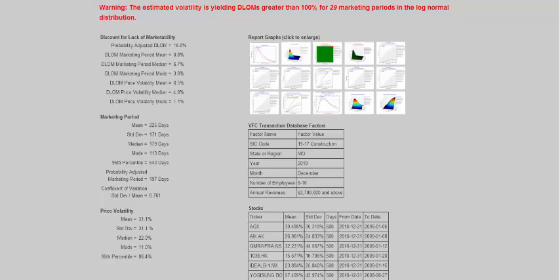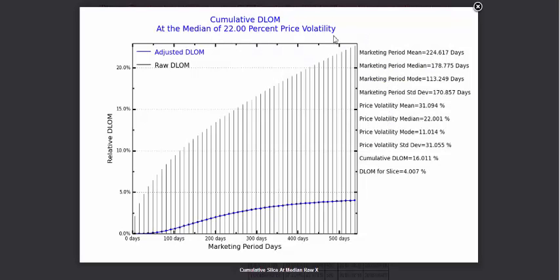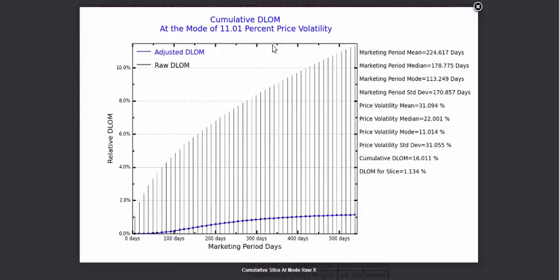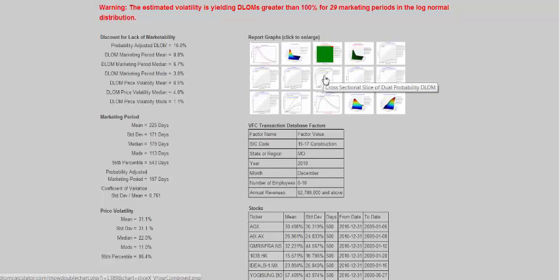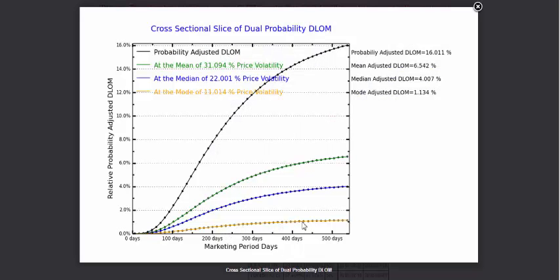The VFC DLOM calculator provides a similar graph measured at the median of price volatility and at the mode of price volatility. The eighth graph compares cumulative DLOM measured at the mode, median, and mean of price volatility in comparison to full probability adjusted DLOM.